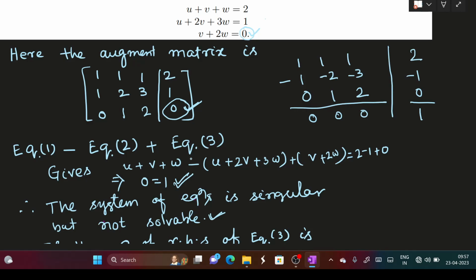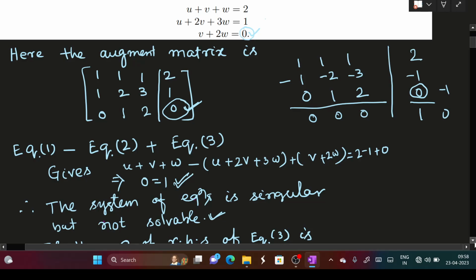If this right hand side can be made 0, it will have a solution. Now how should I replace this 0 to get that? If this 0 is replaced by minus 1, then this will add to 0. So let us go for this.